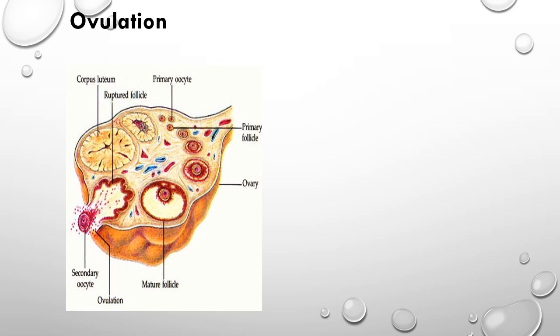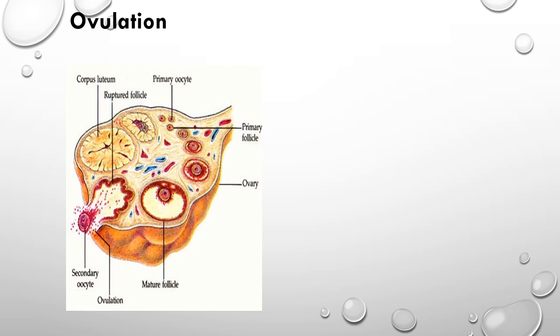This process is called ovulation. So what is ovulation? Ovulation is the release of a mature ovum from the Graafian follicle of the ovary.